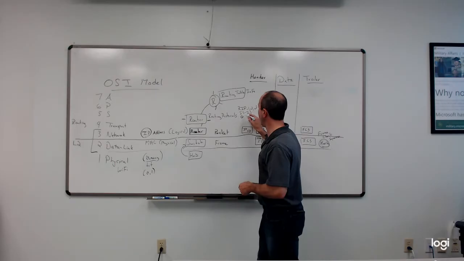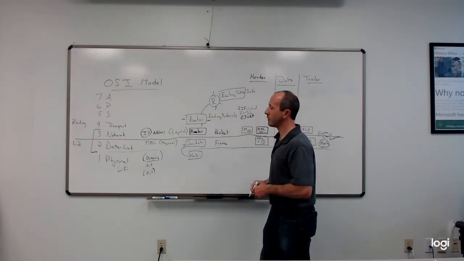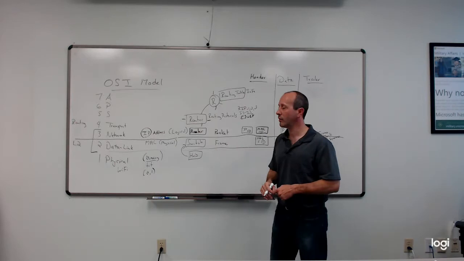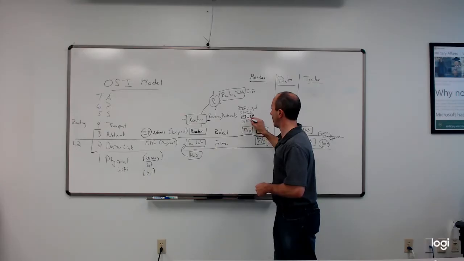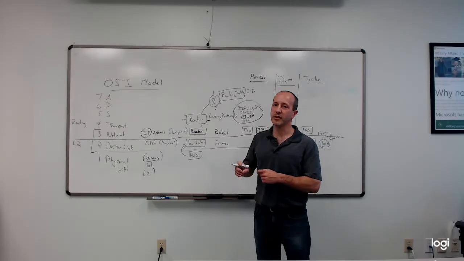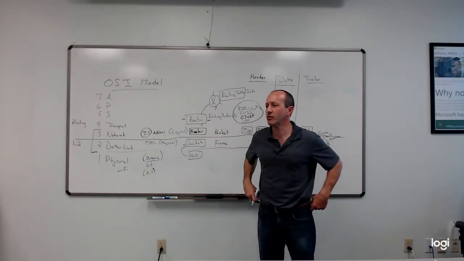We also have EIGRP, Enhanced Interior Gateway Routing Protocol. Again, another routing protocol. Open Shortest Path First. I'm not quite sure if this is specific to your text. I'm not even sure if it's in your study material.